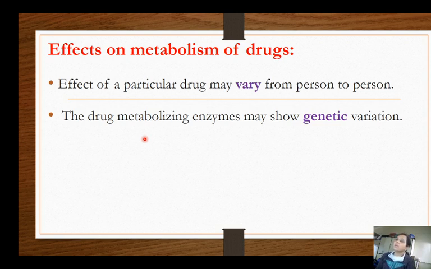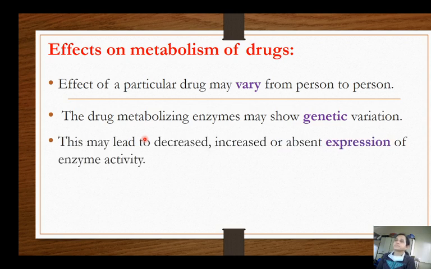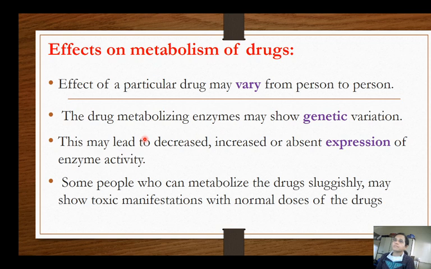That is also called tolerance capacity, and usually the tolerance capacity to a particular drug is determined genetically. This may lead to increased, decreased or absent expression of enzyme activity. Some people who metabolize drugs sluggishly may show toxic manifestations even with normal doses of drugs.